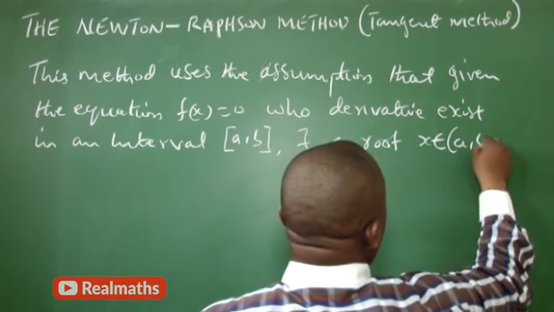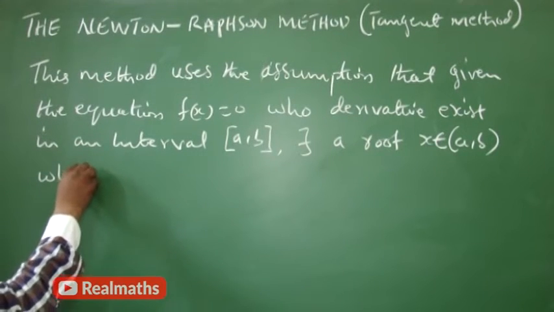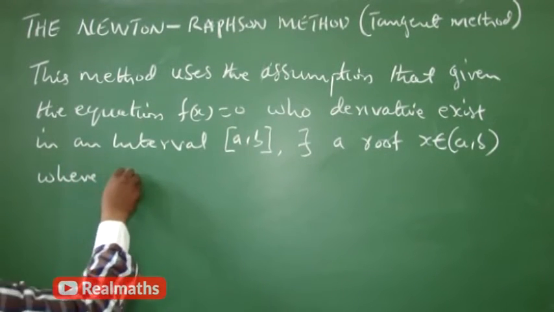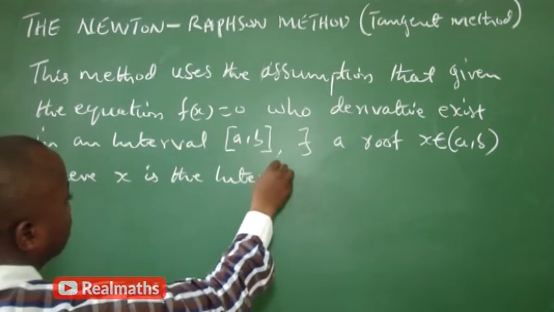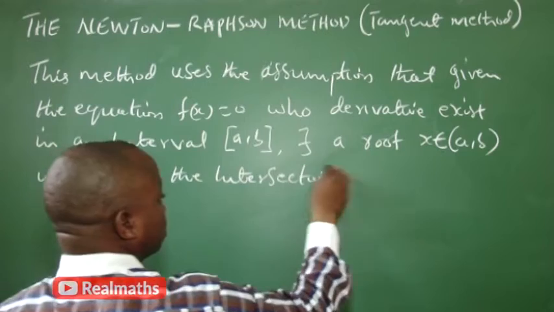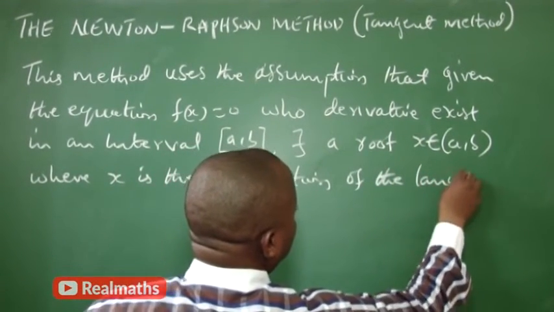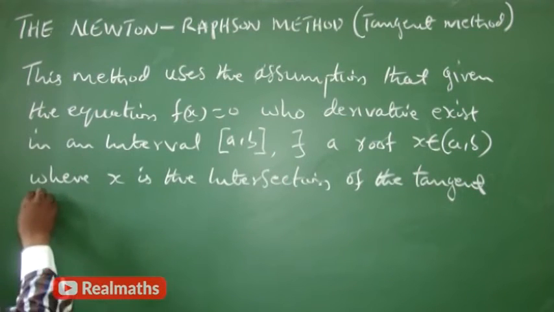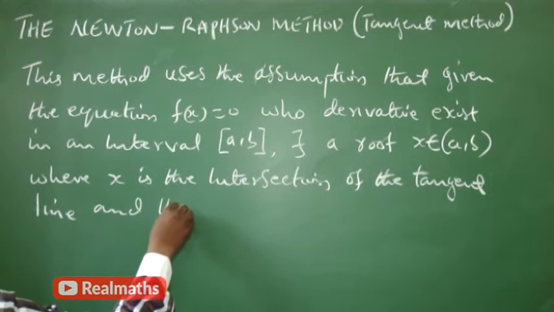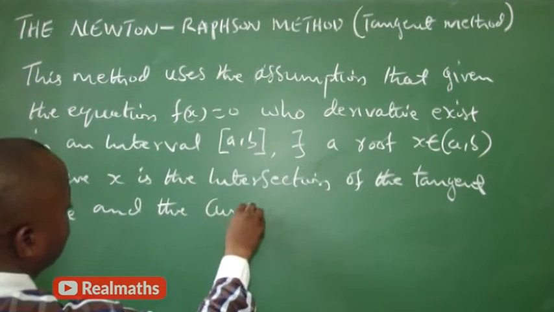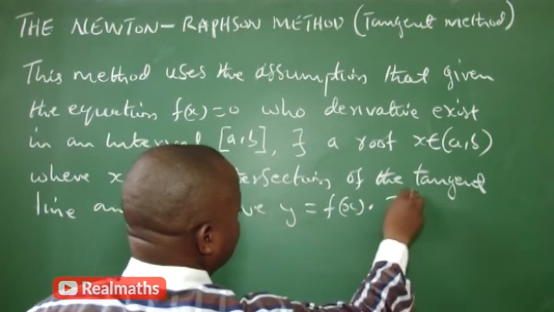x is an element of AB, where x is the intersection of the tangent line and the curve y equals f of x.